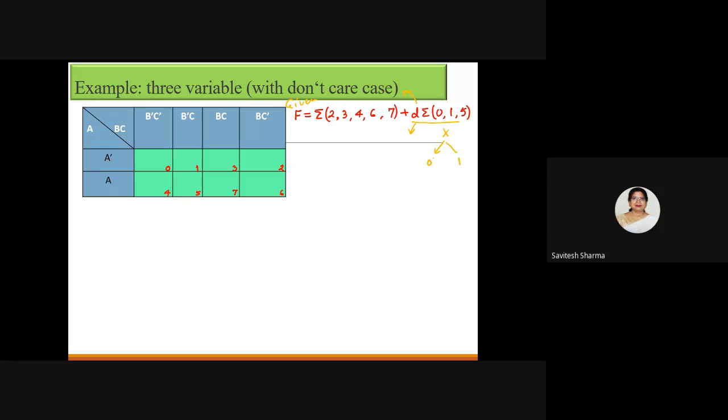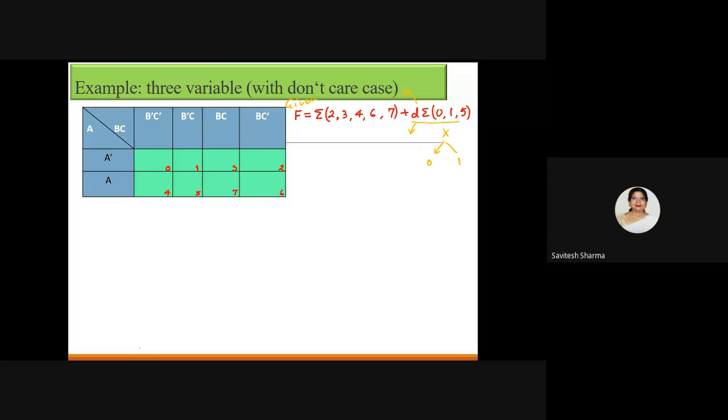You don't know the answer. It can be 0 or 1, you don't know. Then you will say this is a don't care case. You will mark it as an X. This X you will assume as 0 or as 1, depending upon the grouping.